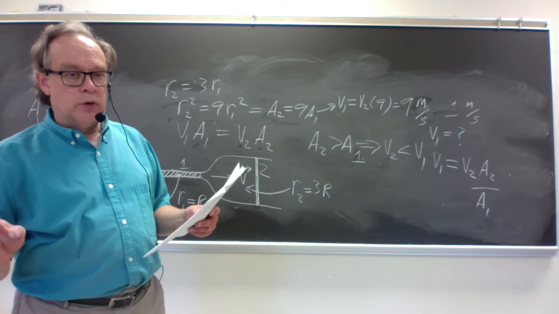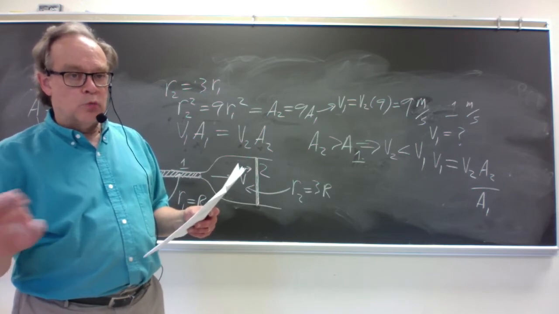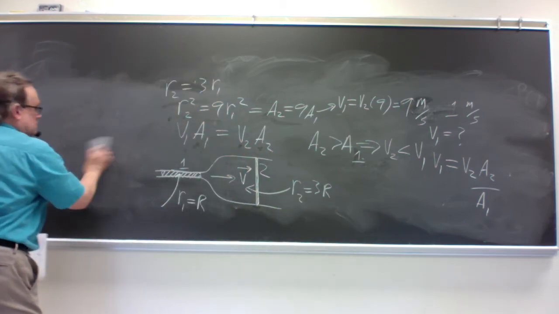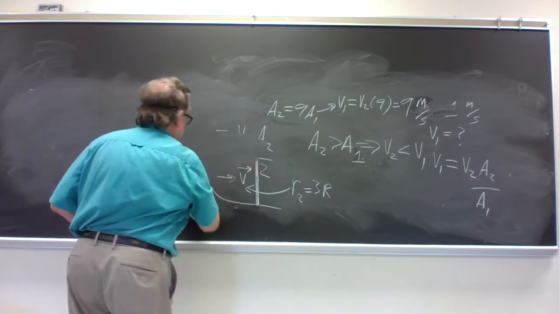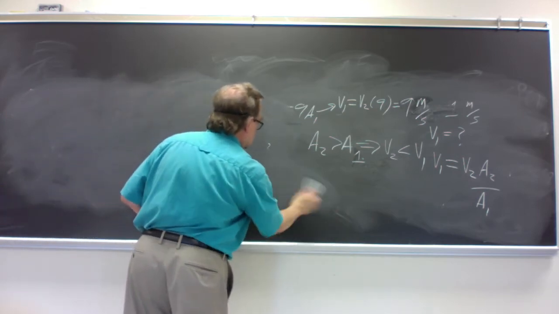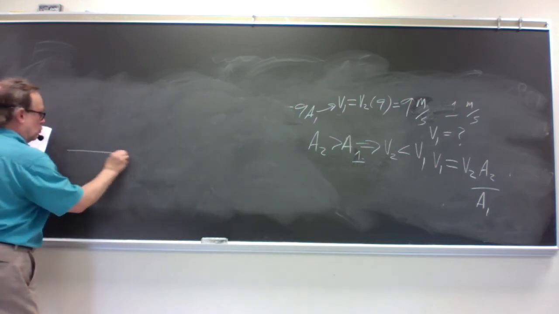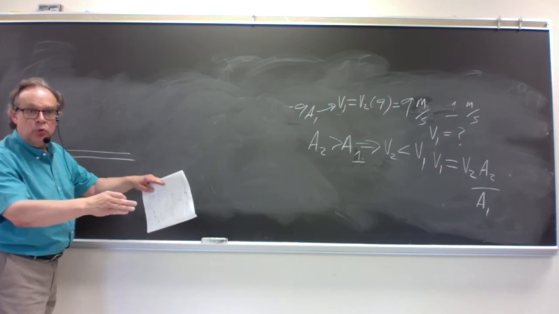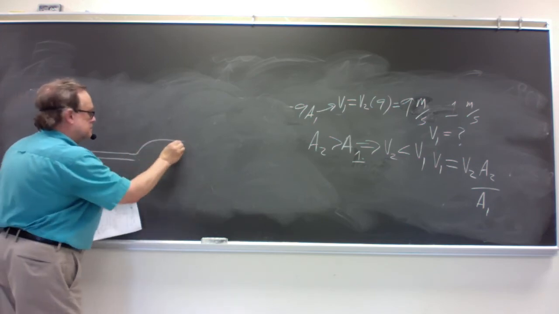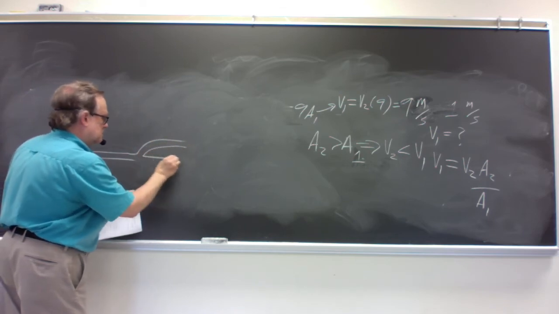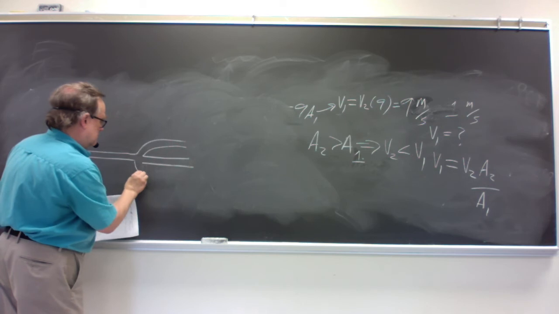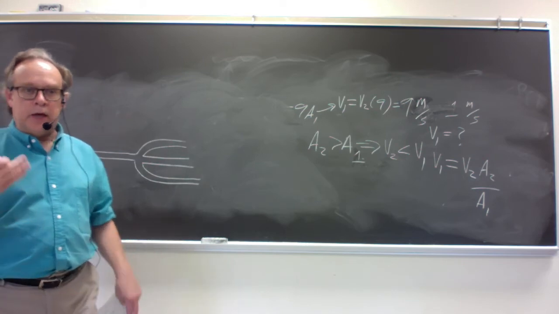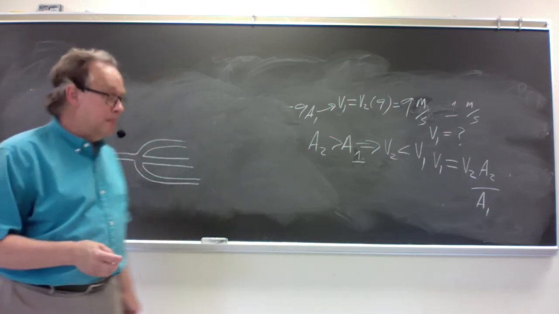One other example, you have a homework problem that's a little bit like this. Imagine that you've got one tube, and the fluid that's flowing in there splits 3 ways into 3 tubes. But the areas of those tubes are all the same.